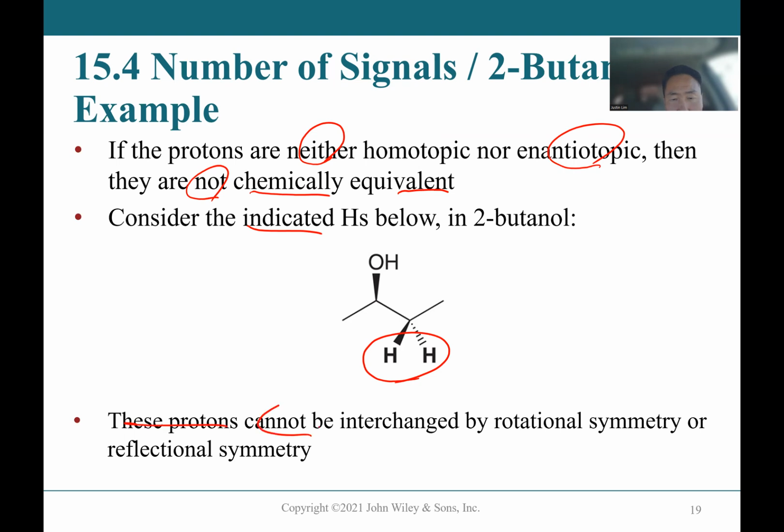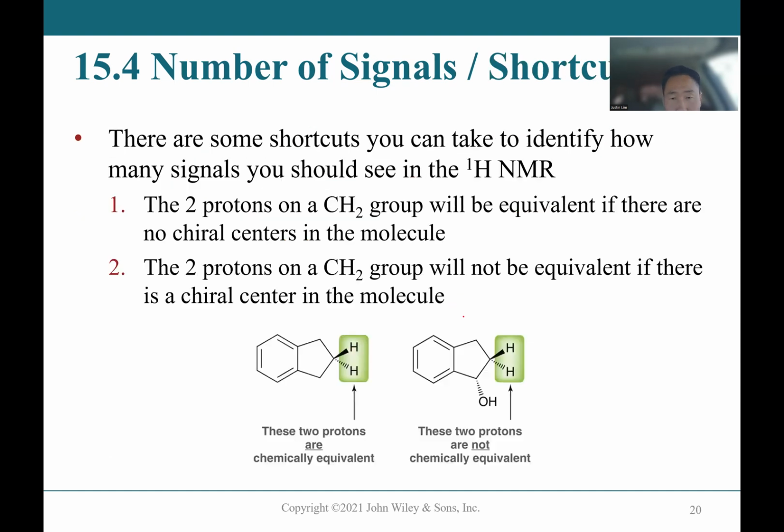These protons cannot be interchanged by rotational symmetry or reflectional symmetry. The two protons on the CH2 group here will not be equivalent if there is a chiral center in the molecule. On the left side, you can see a chiral center. So these two protons are not chemically equivalent.